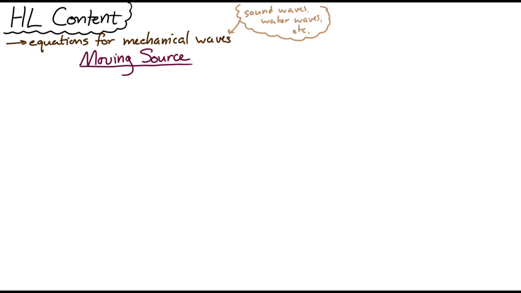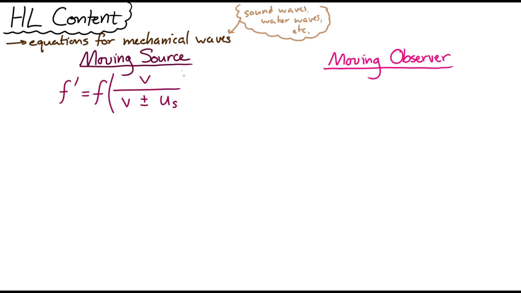One is for if you have a moving source. If you have a moving source, then this is the equation. F prime is equal to F times V over V plus or minus US. So F here is the original frequency that was emitted. F prime is the observed frequency. It's not the derivative. It's the observed frequency.